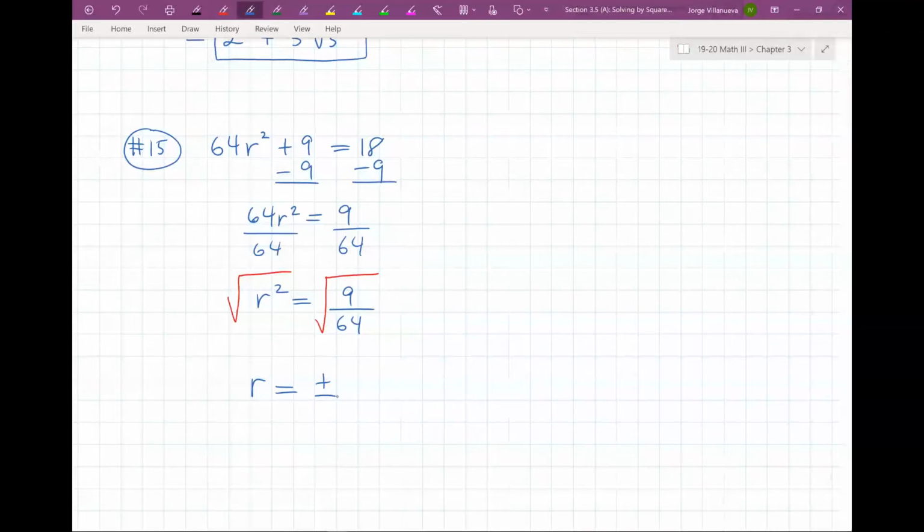What's the square root of 9? And what's the square root of 64? So there you go. Those are your answers. So if you get a fraction, don't get scared. Just take a square root of the top, take a square root at the bottom, and that'll give you your answer.